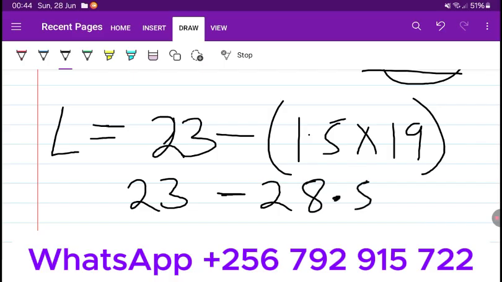Now 23 minus 28.5 gives us a negative 5.5, meaning any value that is below this number is an outlier. Of course, this is equivalent to negative 6. So any number that is below negative 6 is an outlier.